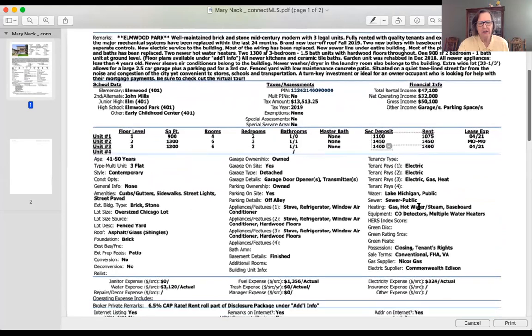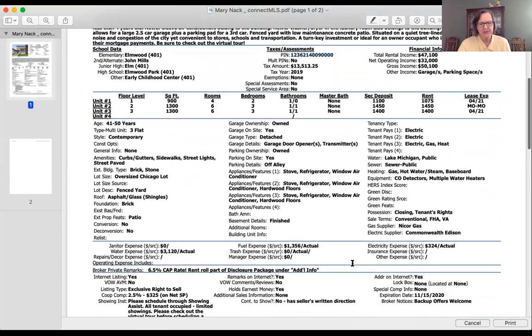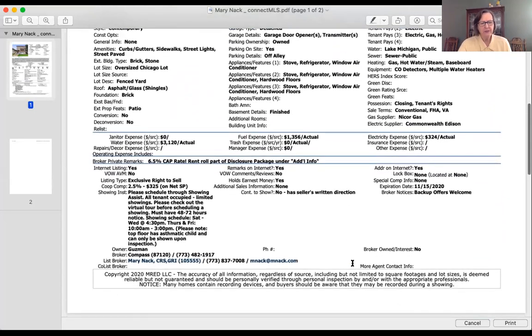So obviously all down here is all the expenses. So there'll be different types of information for different types of property, and it's an important piece of information to get, study carefully.